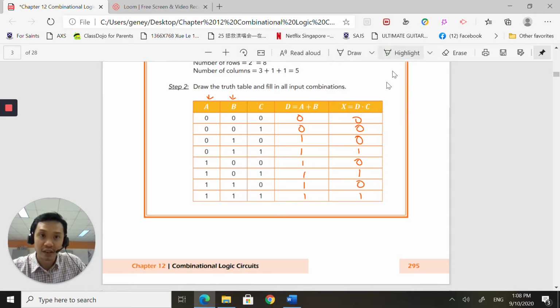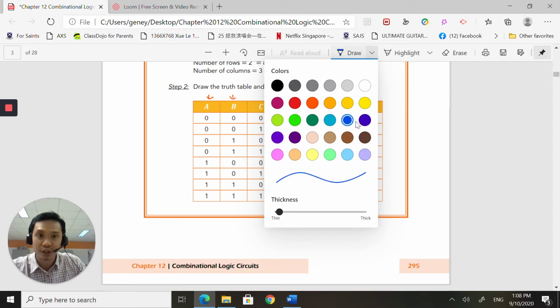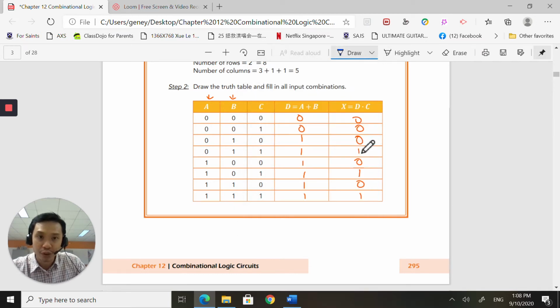Let's go with blue. X will be true in three situations. So X will be true if this happens, or this happens, or this happens, right? There are three scenarios whereby X becomes true.